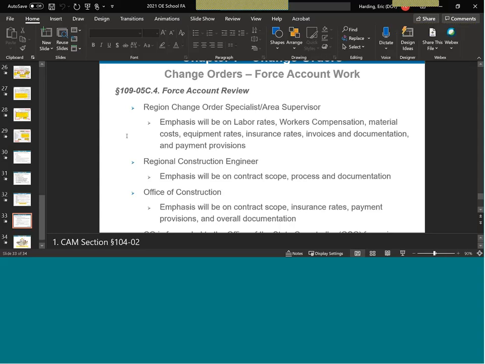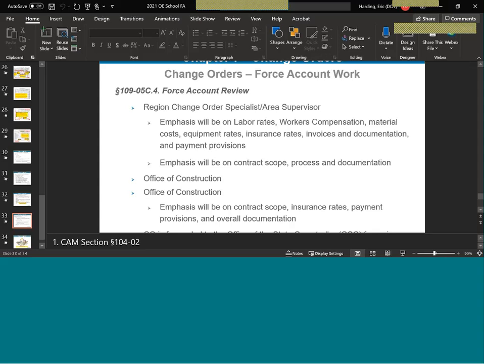And in Region 9 here, I may go one step beyond that, and I check all the labor and equipment hours against the MERC 31s. I basically go through every letter, every number in the entire force account.